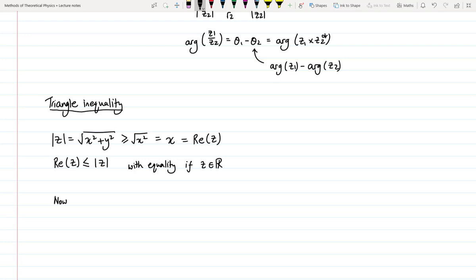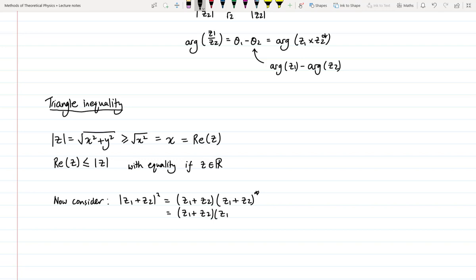Now consider the squared modulus of z1 plus z2. We know that we can write this as z1 plus z2 times its complex conjugate. We can take the complex conjugate inside the brackets.